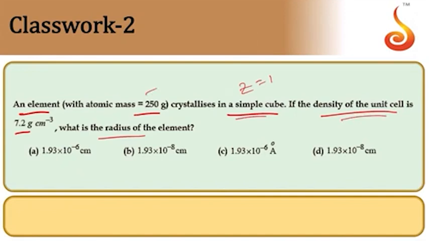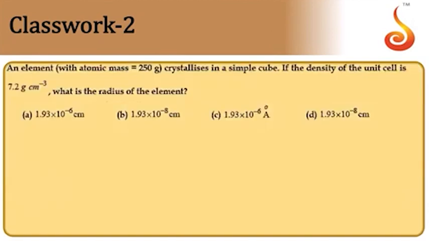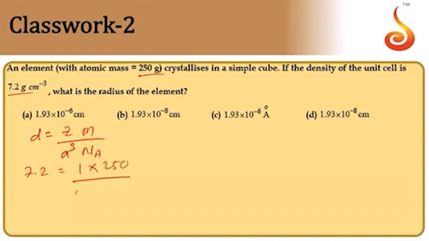For that we require the edge length. Density is equal to Z into M by a cube into Na. Density is given, 7.2 is equal to Z value 1 into molar mass 250 by a cube, Avogadro's number, 6 into 10 to the power of 23.